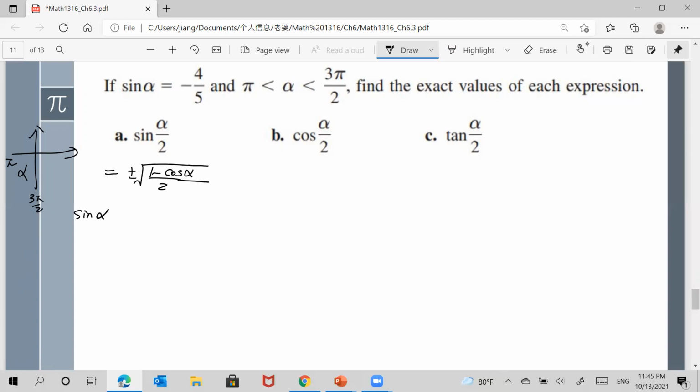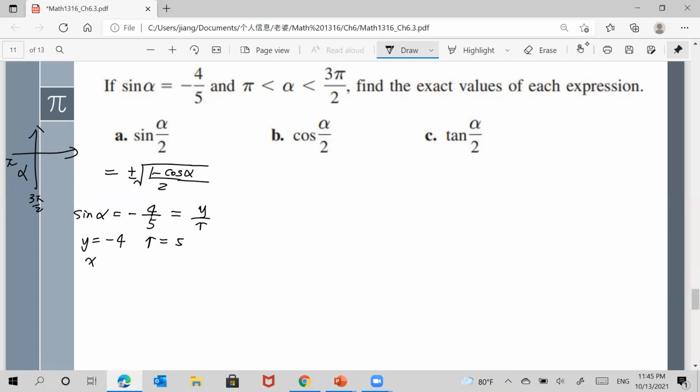Sine alpha is negative 4 over 5, and it's in third quadrant. And also we have learned sine alpha equals y over r. We can assume that y equals negative 4. R equals 5 because r is always positive. So y is negative 4.